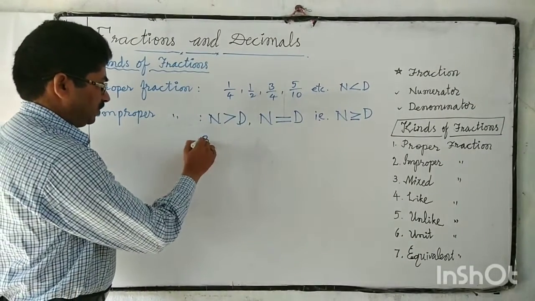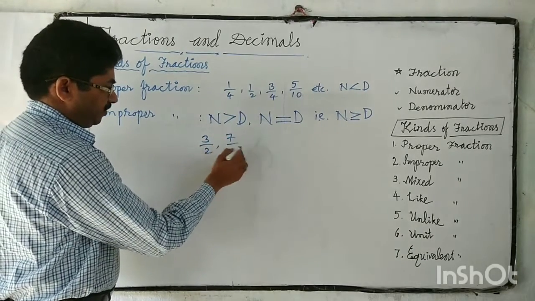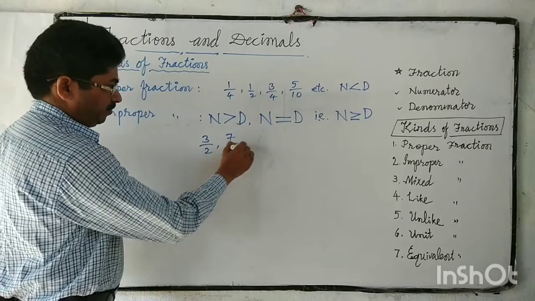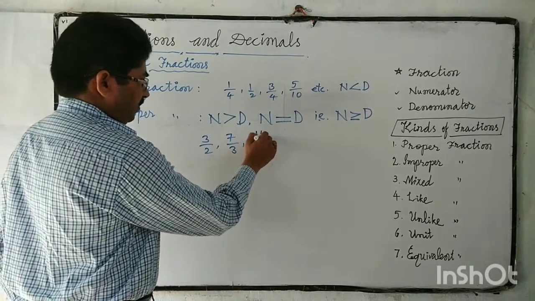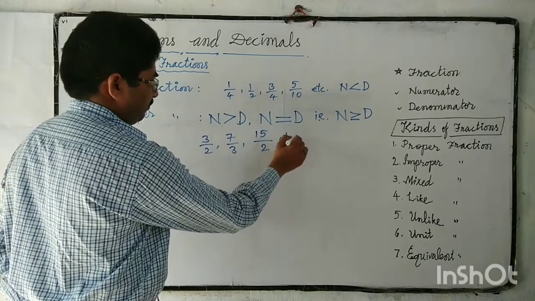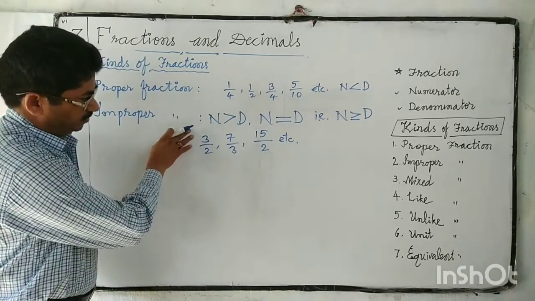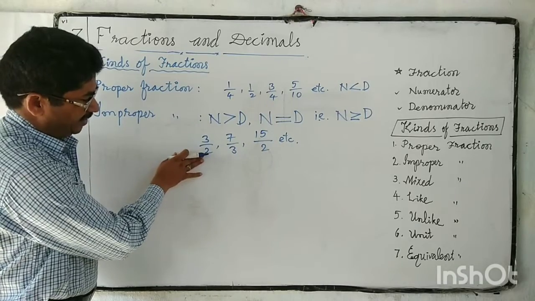Examples, 3 by 2, 7 by 3, 15 by 2, etc. So in all these numerator is greater than the denominator.